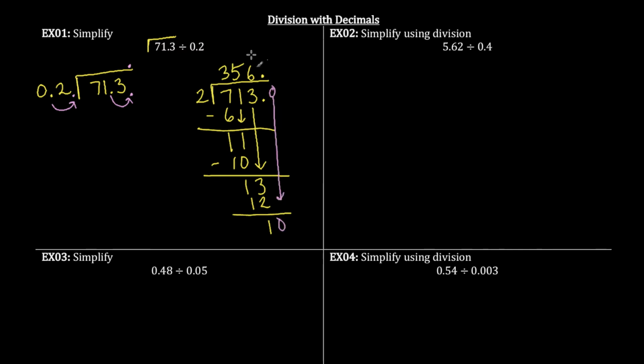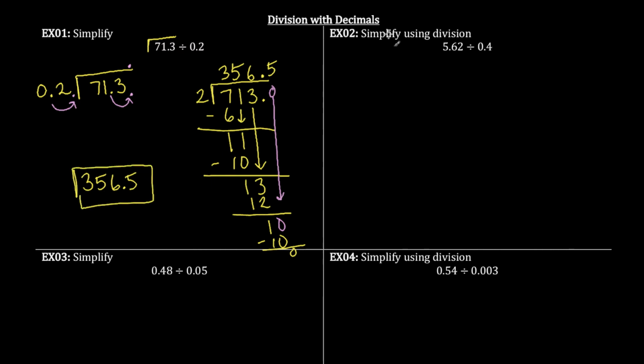And 2 goes into 10 5 times. So I'm going to run out of space, but I'll make it work. So 71 and 3 tenths divided by 0 and 2 tenths is 356 and 5 tenths.